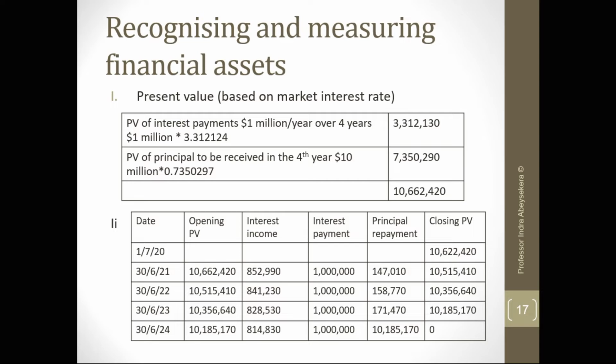And the cumulative factor for that is 3.312124. And then there's a final settlement of the face value of the bond at the end of the 4th year, based on market reality. The discount factor is 0.73500297. And the total present value is 10,662,420, which is the investment that the acquirer will make in this bond.